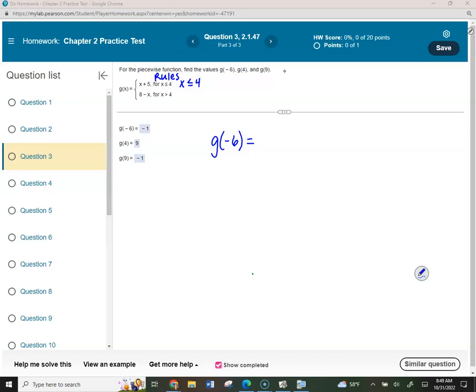We use the right part of the equation, so the right part of the rules. On mine, it says g of -4. Put -4 in the rules that yours says, and then which one is true.